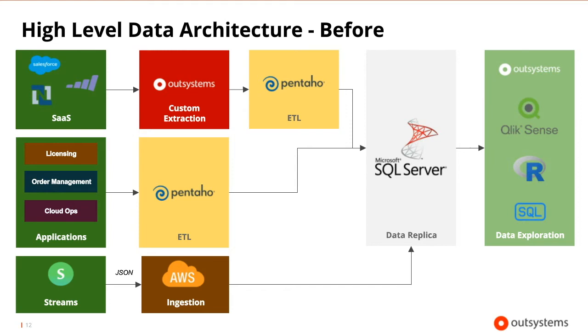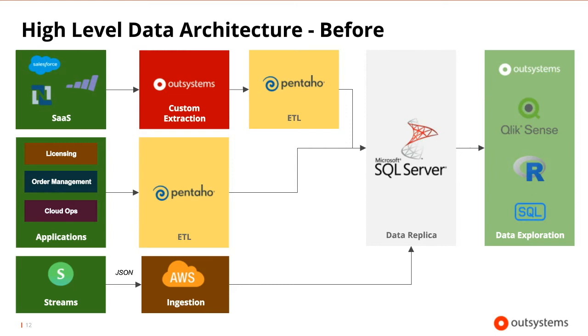So we set about creating a data pipeline that would perform data extraction from SaaS systems using custom-built connectors with our own technology. They would then dump the data into a staging database, and we had ETL processes built in Pentaho to move that data into our data repository.